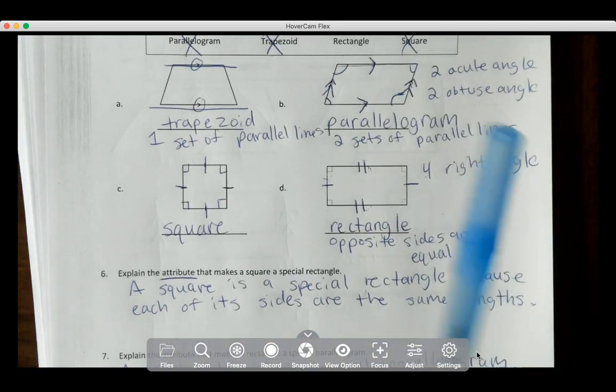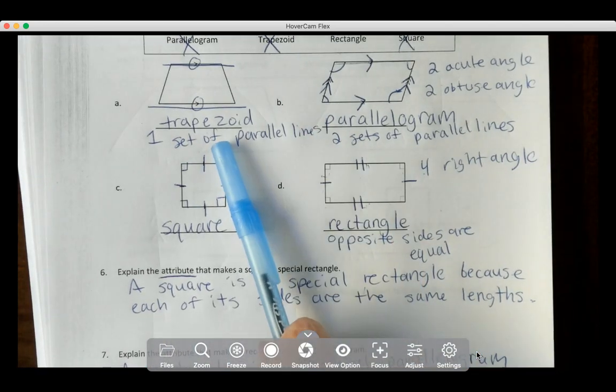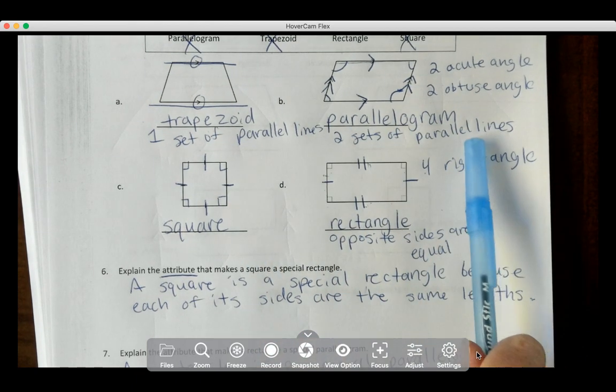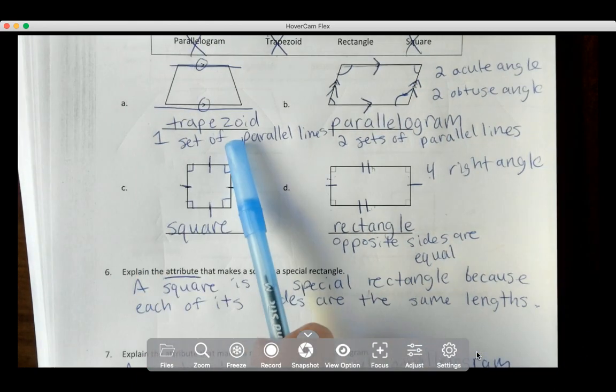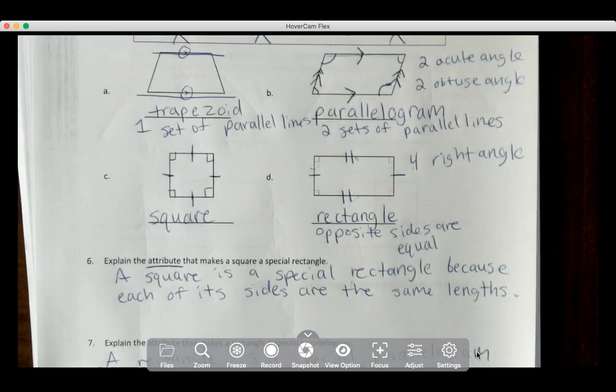So the only difference, guys, between a parallelogram and a trapezoid is that a parallelogram has 2 sets of parallel lines, whereas a trapezoid has 1 set of parallel lines.